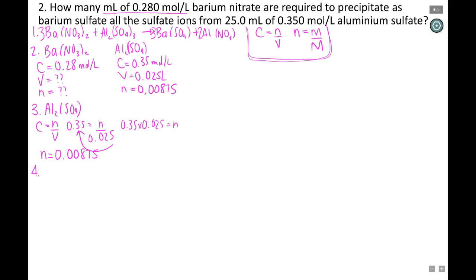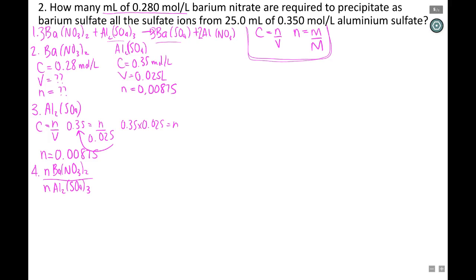So in this case, n, the moles required for barium nitrate, which is our unknown, is equal to the number of moles for our aluminium sulfate, because these two react together.